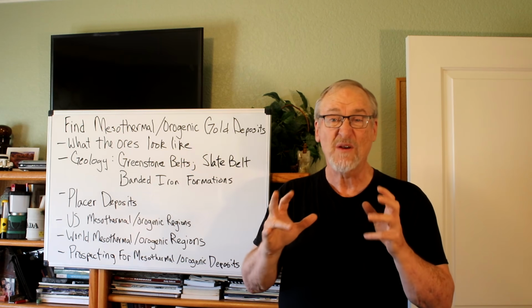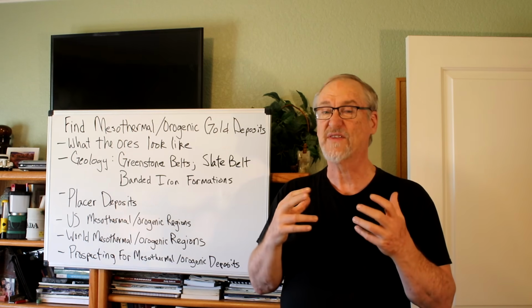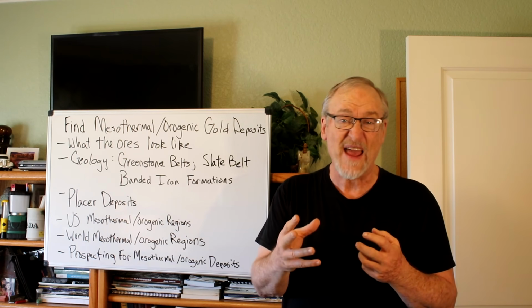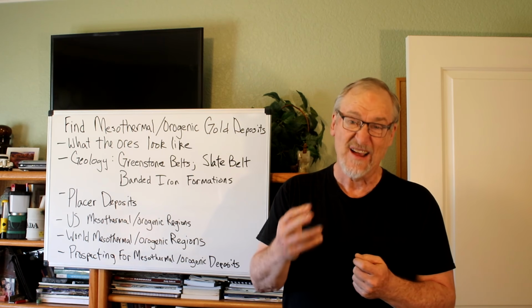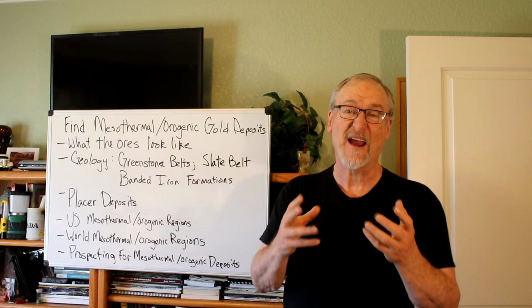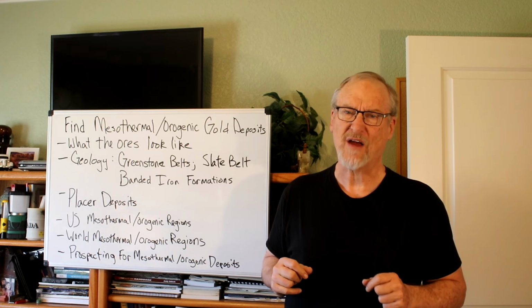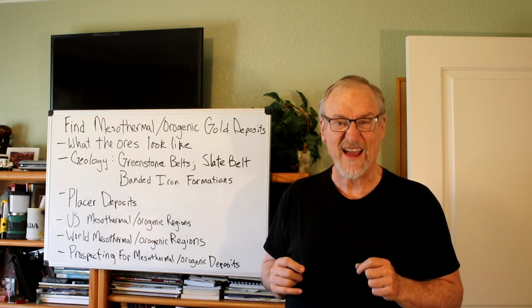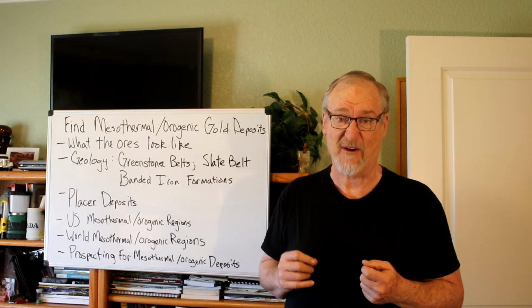The mineralized veins that make up these gold deposits are mostly quartz with subordinate amounts of carbonates like calcite and, of course, sulfides like pyrite or galena, arsenopyrite, and a few others. The veins generally contain no more than about 2 or 3% sulfides, and very commonly the bulk of the sulfides is pyrite.